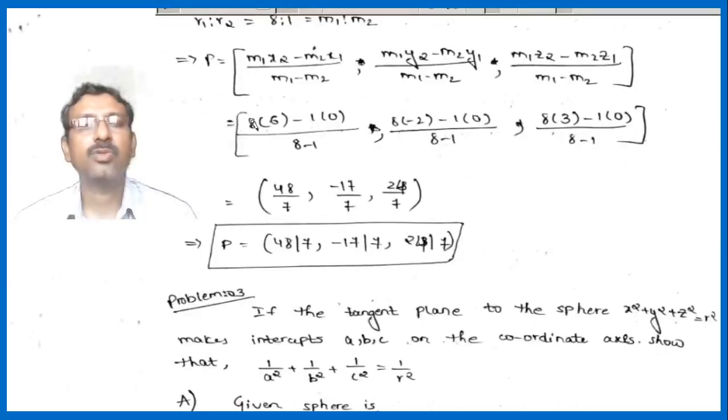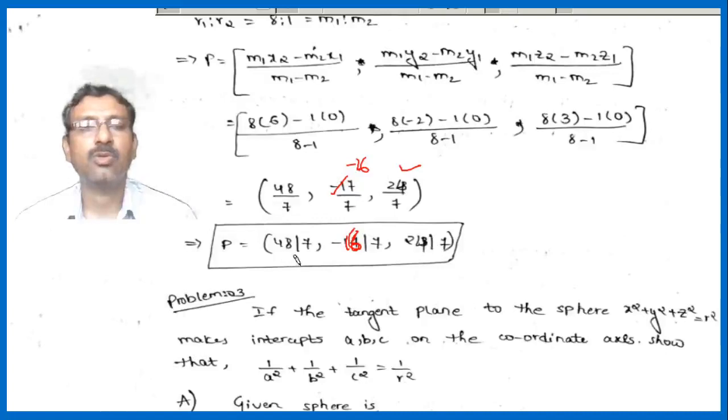So 8 into 6 is 48, this is 0. Similarly, 8 into minus 2, here it is minus 16, and this is 24, here minus 16.